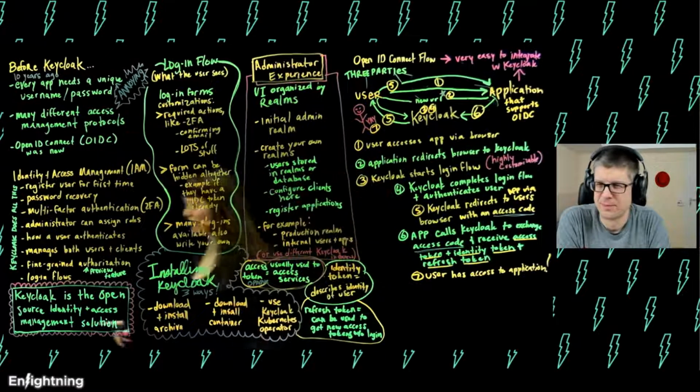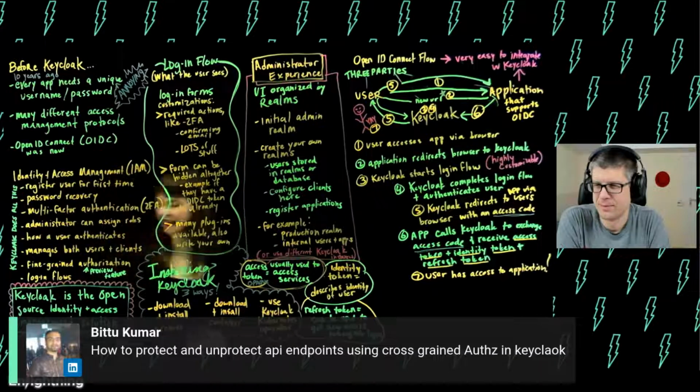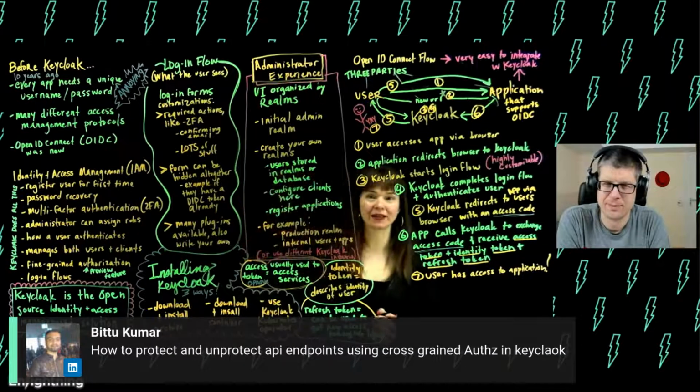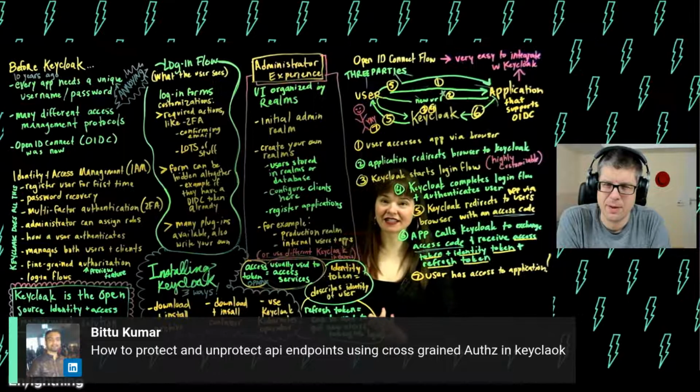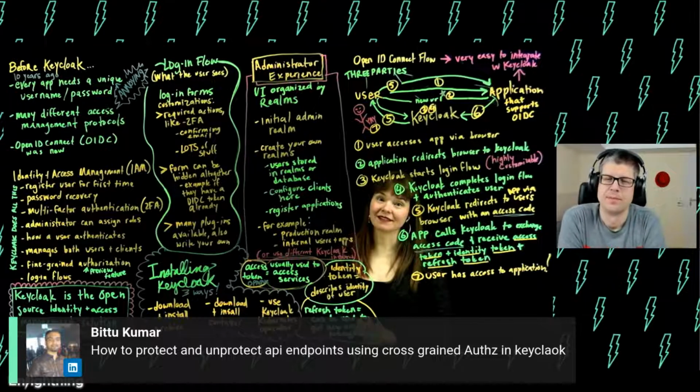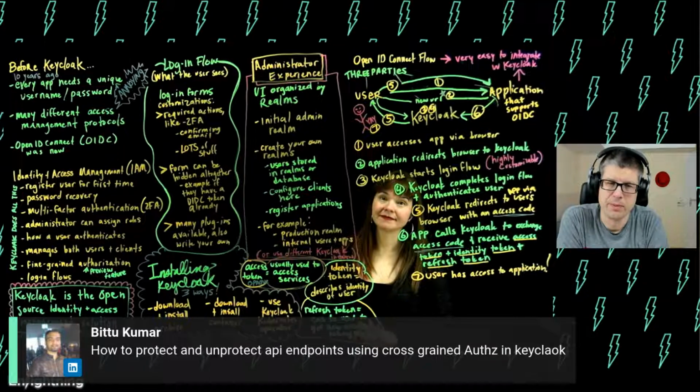And we have one from B2. How do you protect and unprotect API endpoints using coarse-grained authorization in Keycloak? That would depend on the application framework you're using.